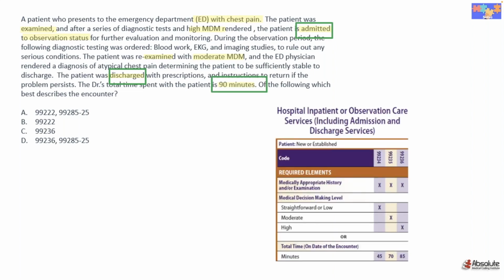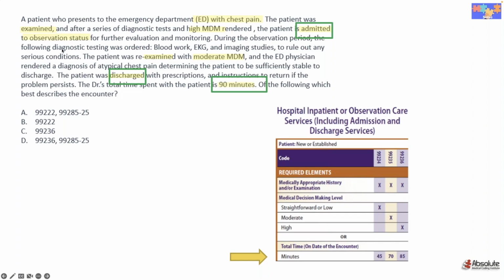We're going to go to the front of the E&M manual. We're going to grab the chart that says hospital inpatient or observation care services, including admission and discharge on the same day. And we're going to go down and select the minutes. But before we select the minutes, make sure that a medically appropriate history and or exam was carried out, and that did happen.